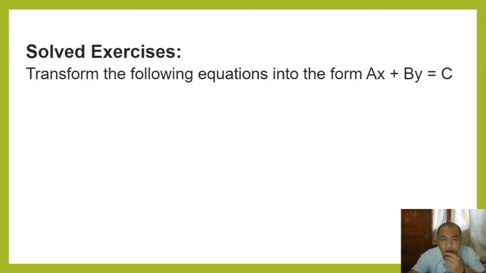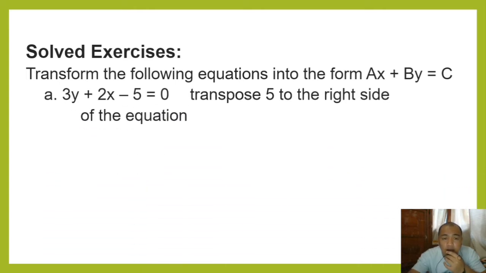Let us now start our lesson with transforming equations in the form ax plus by equals c. Letter A, 3y plus 2x minus 5 equals 0. So as you can see, it's not written in the form ax plus by equals c.